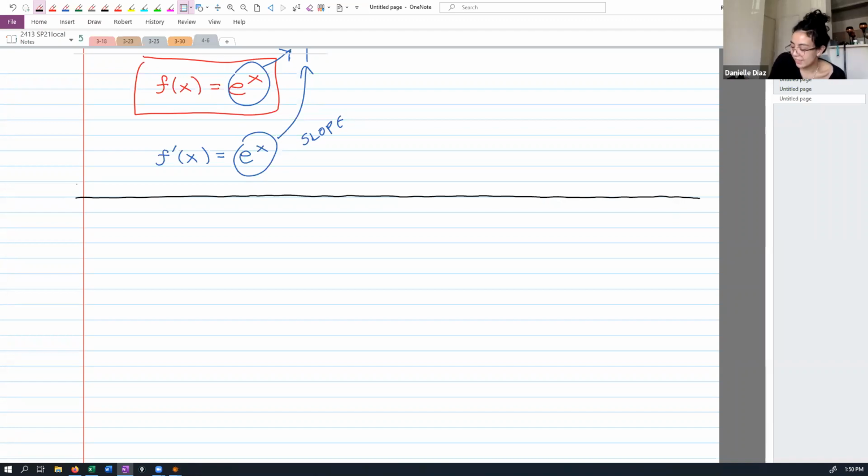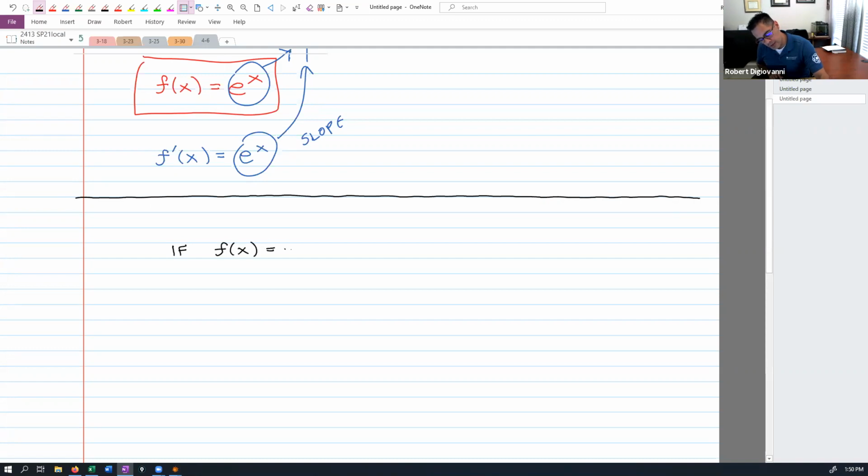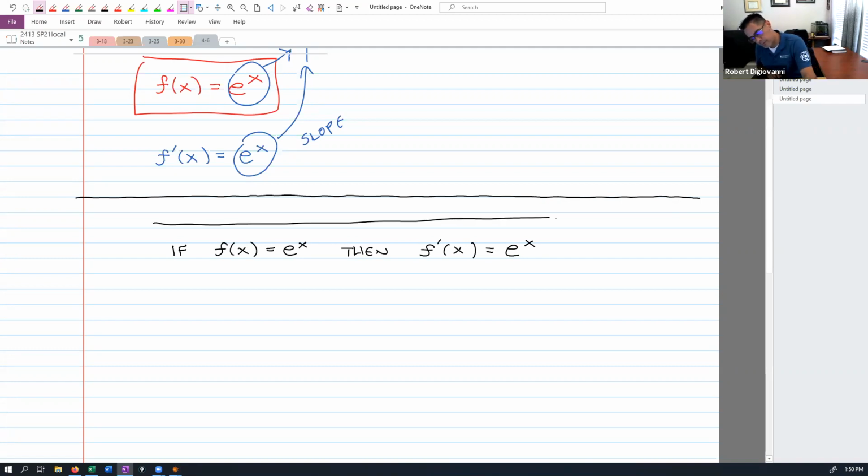Okay, so here's the big takeaway, all right? If f of x equals e to the x, then f prime of x equals e to the x. Memorize it. It's not hard to memorize, right?